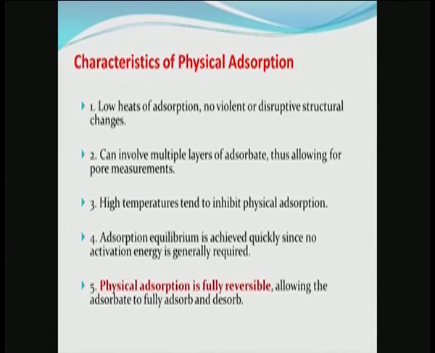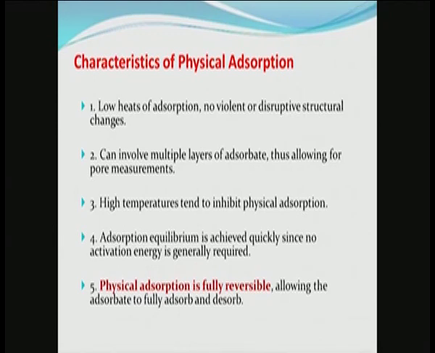Now, what are the characteristics of physical adsorption? Physical adsorption, because there is no chemical bond involved between the adsorbed material or the adsorbate and the surface, involves low heats of adsorption and no violent or disruptive structural changes to the surface. It can also involve multiple layers of adsorption, that is, not just one monolayer sitting on the surface, but multiple monolayers sitting on top of one another.